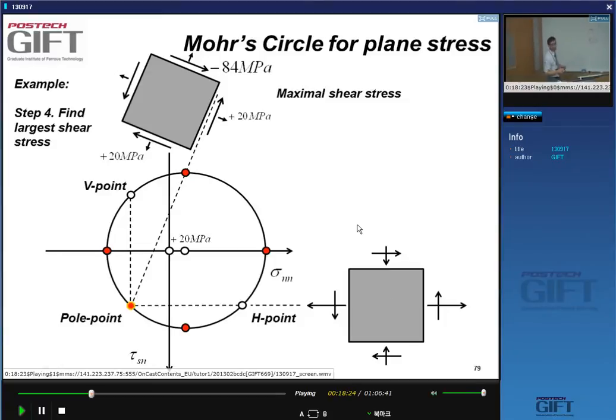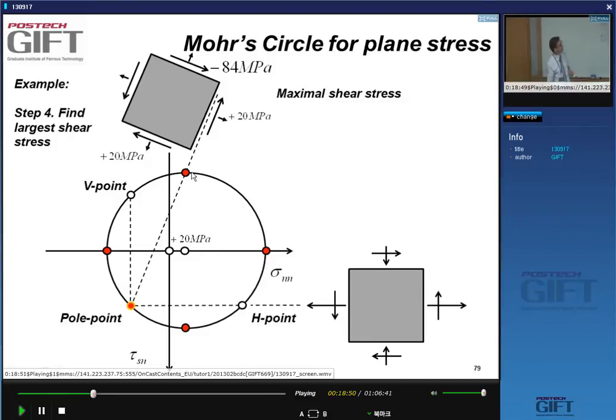You can see that on this H-plane the stress is now negative. And indeed, here we are in a negative situation. And you see that in this case, I do not need to guess this angle or divide it by 2. I can just read off the shear stresses and the tensile stresses in this particular case.